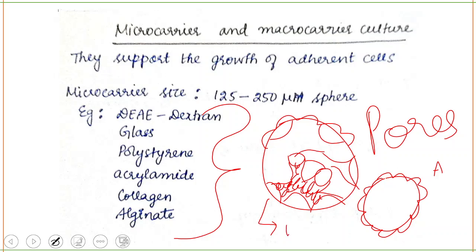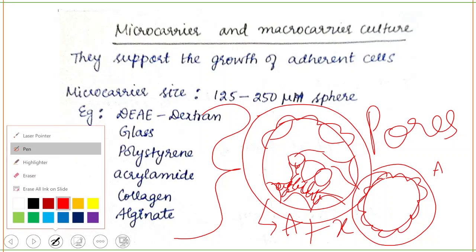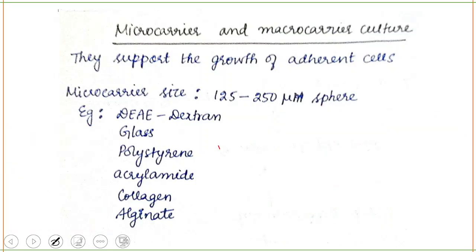On the top alone it is A, plus inside we do not know the surface area, but let's say it is X. So this is only A, but this is A plus X, because the surface area is more when pores are present. That's why microcarriers and macrocarriers must have a very important characteristic, that is, they should have pores.